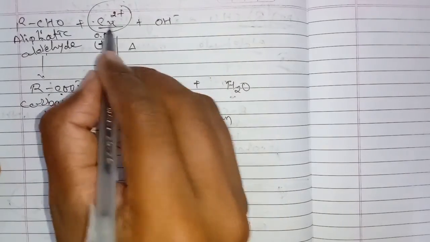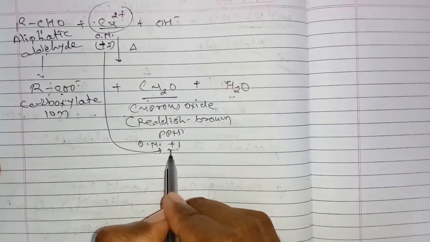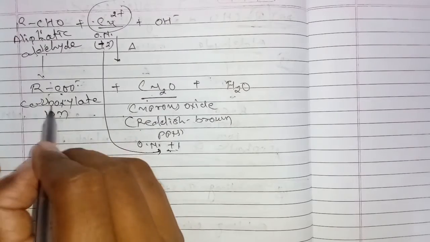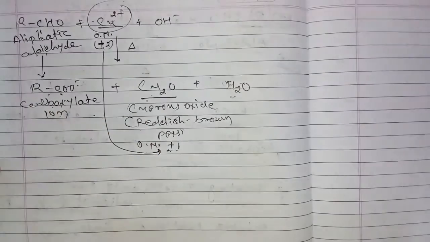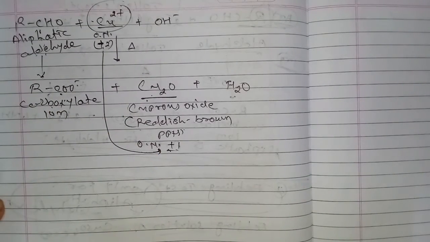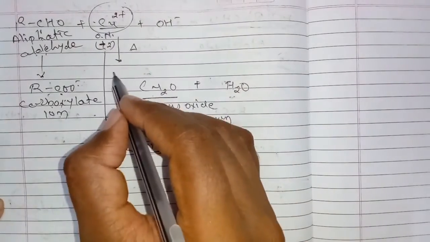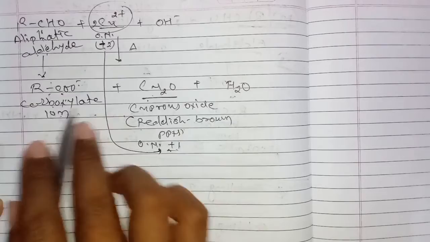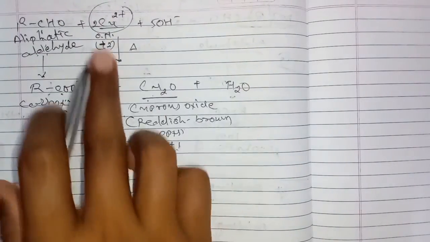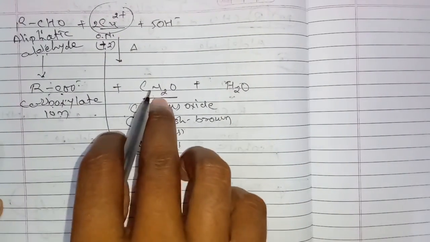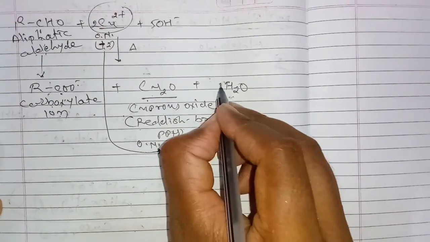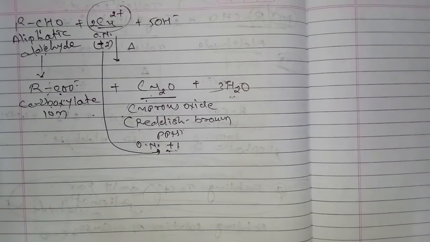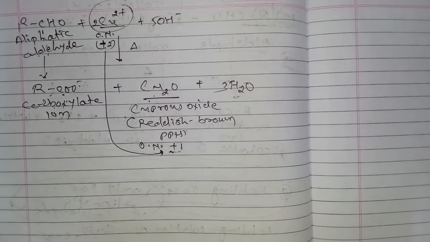So here the reduction process is carried out, and here the oxidation process is carried out.